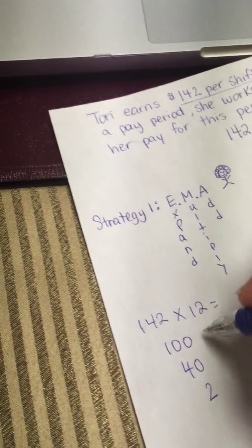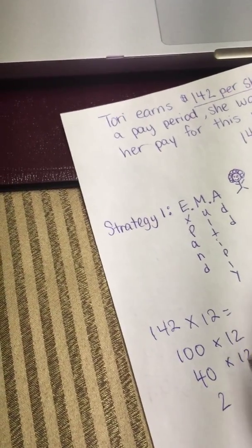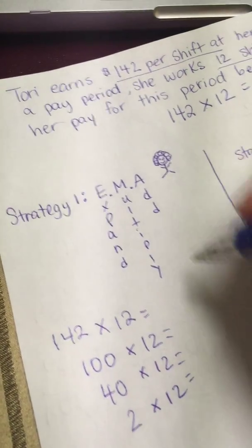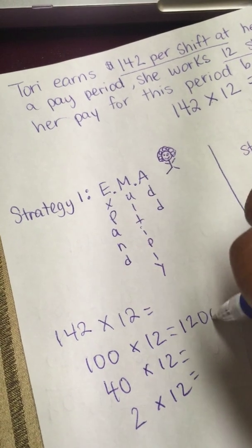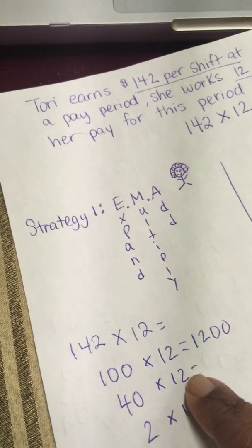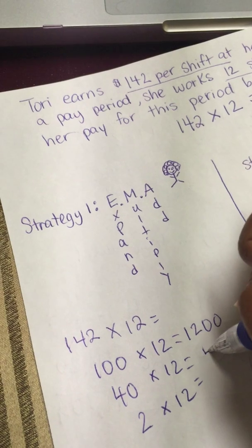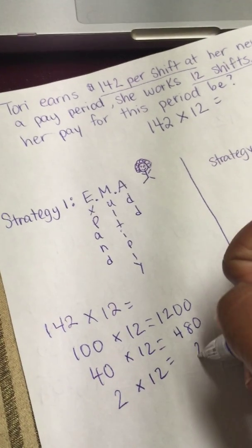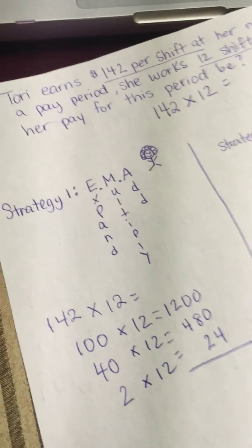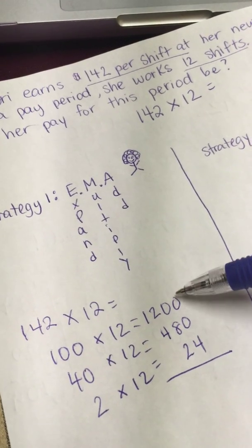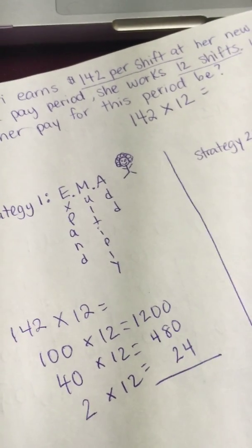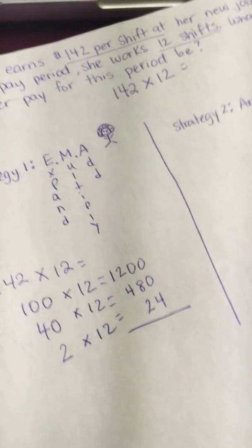And I'll multiply each by 12 because only one number is to be expanded. 100 times 12 is 1200. 40 times 12 is 480. 2 times 12 is 24. And I make sure that I line up my numbers in the right place value so that it's easy for me to add when I'm ready to add it all together.